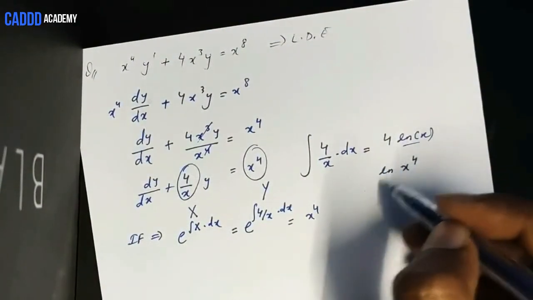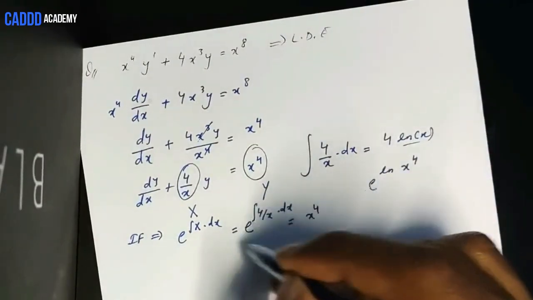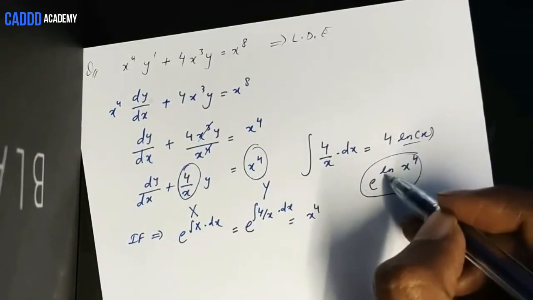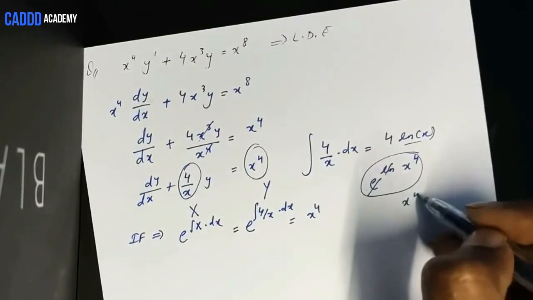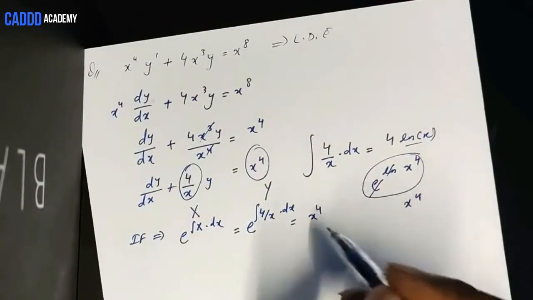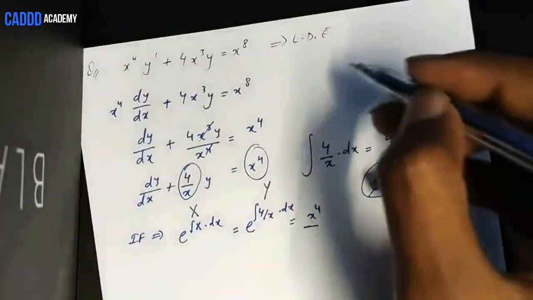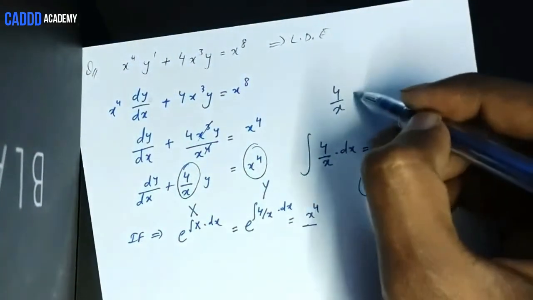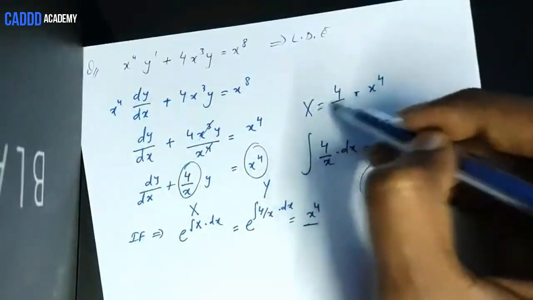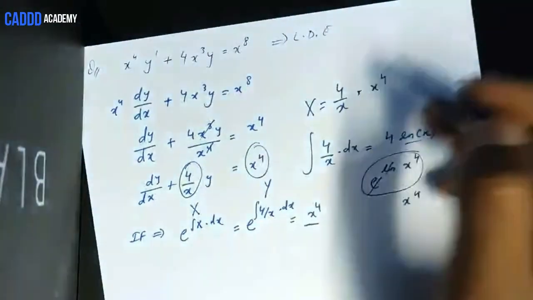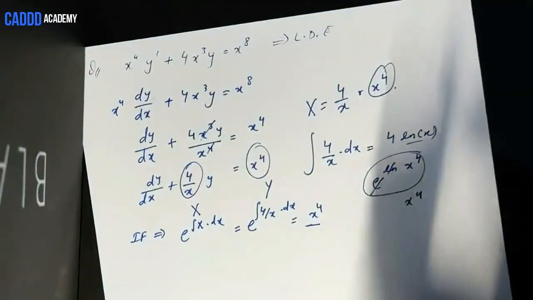Okay, so this whole thing becomes e to the power ln x to the power 4. E and ln get cancelled out, and x to the power 4 is the integrating factor. Okay, so you can learn it like, when X is equal to 4 by x, then we have integrating factor x to the power 4.